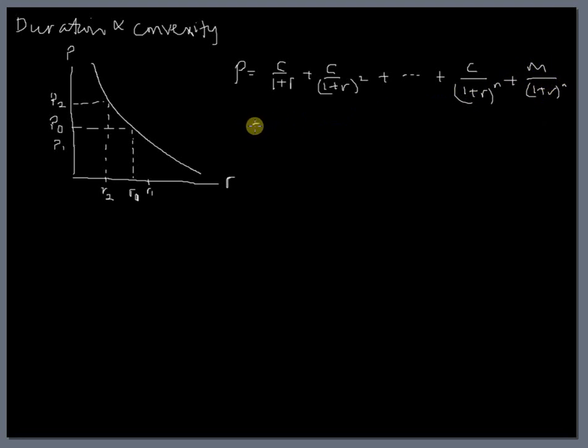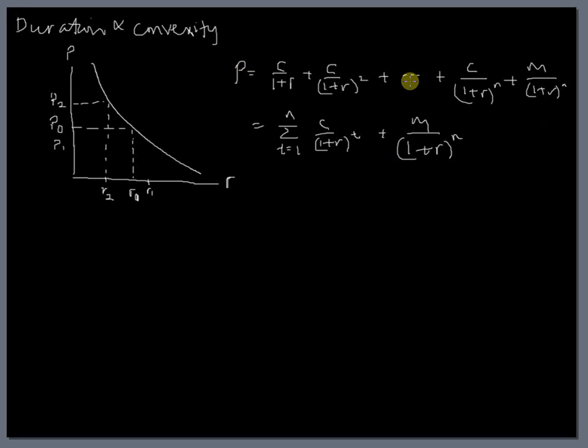We can shorten this whole equation into a summation format: the sum from T equal to 1 of C over 1 plus R to the power of T, plus M over 1 plus R to the power of n. Basically this is straightforward, and it's just a recap of what we already know. We're just discounting all these cash flows into the present to obtain the price.